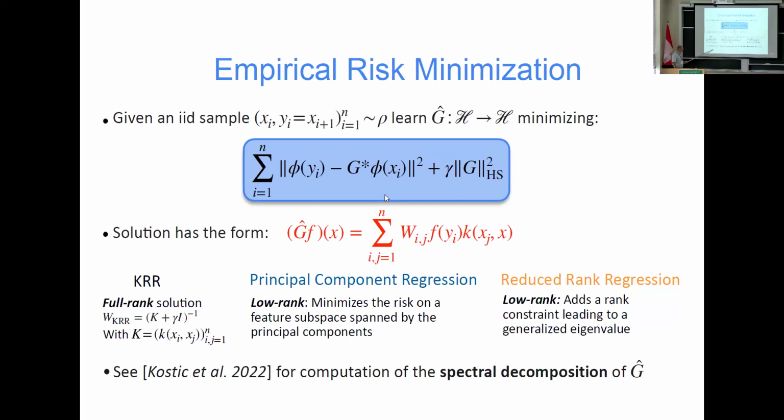Also in our paper, you can see how to compute the spectral decomposition of the estimator, how you can reduce the computation of the eigendecomposition of G hat to the eigendecomposition of a matrix. Okay, so let us skip that.